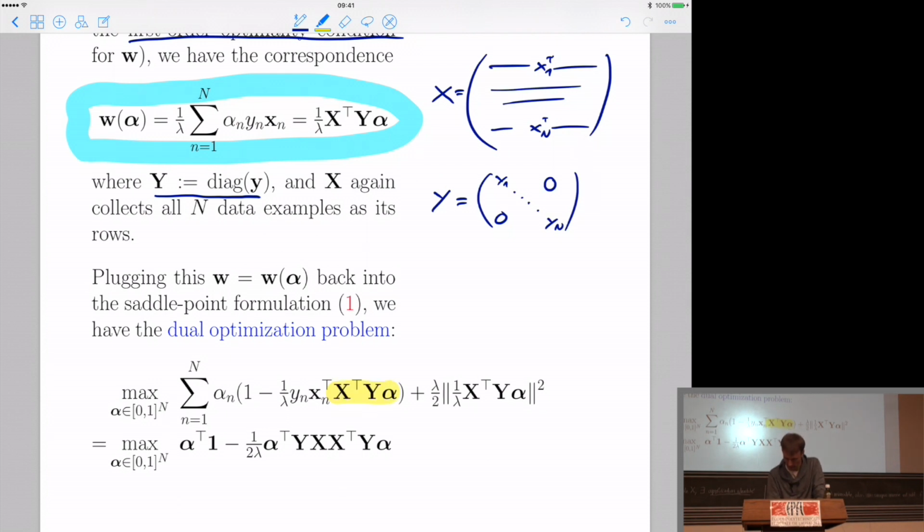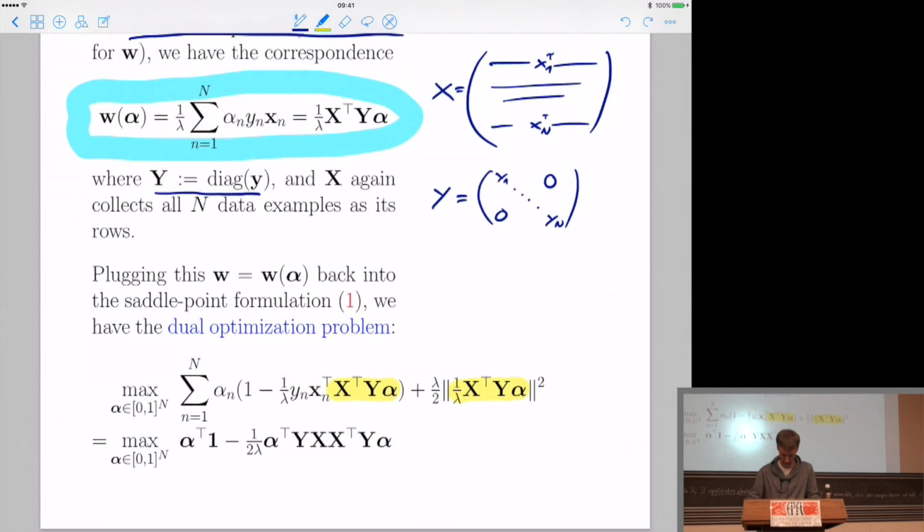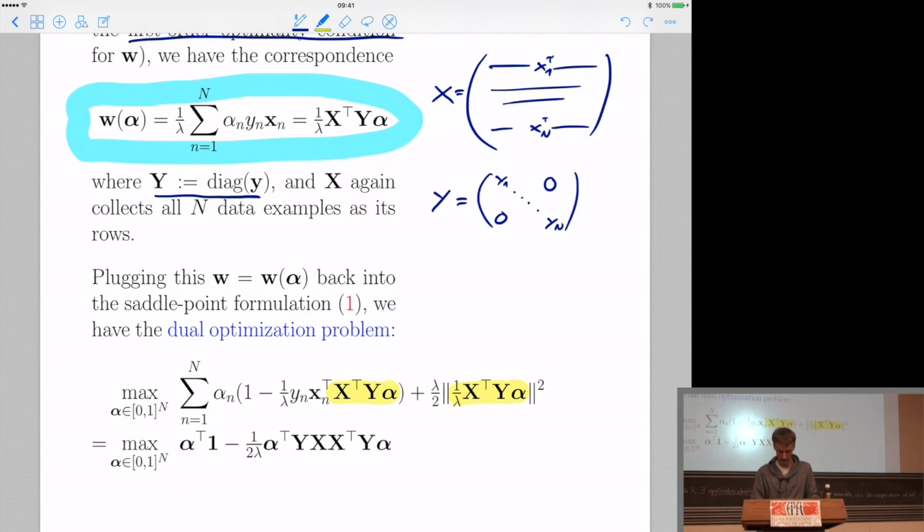I forgot the lambda. So here is what I plugged into the regularization term, so W squared, right? And on the left it was plugged into this guy here. This can be simplified a little bit because you will see that the two yellow terms are actually the same.